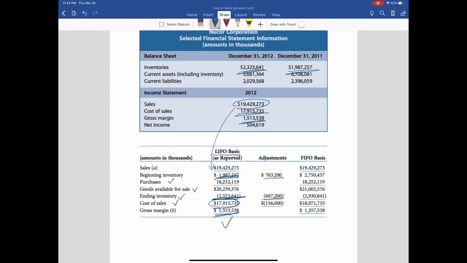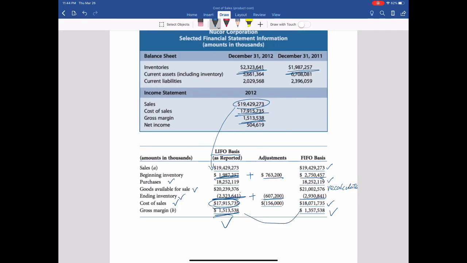So we add. After adjustment, this is the FIFO beginning inventory. For the ending inventory, FIFO is also greater than LIFO. Again, we add. So the ending balance of inventory is 2,930,000. All others we keep. And this one we need to recalculate because of the change in the beginning inventory. Then we can get the FIFO based cost of sales and the gross margin.